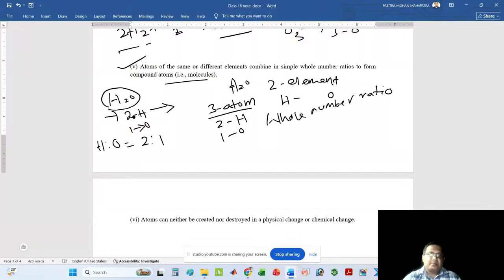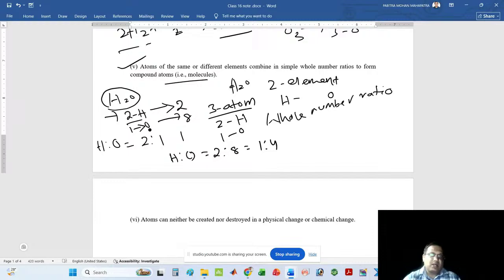If you think about the mass, one hydrogen atom has an atomic mass of 1. There are two hydrogen atoms, so the total atomic mass is 2. If you think about oxygen, having atomic mass of 8, and find the ratio of hydrogen and oxygen by mass, then you can write 2 is to 8, that is 1 is to 4.